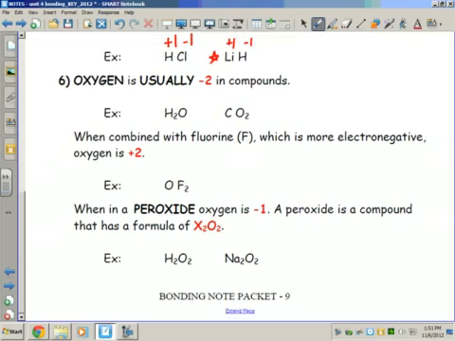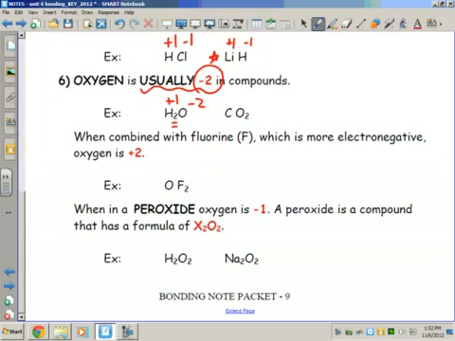The sixth rule has to do with oxygen, and oxygen is usually -2, and when we say usually, again, this is an almost always. The rule for oxygen is -2, and there are two exceptions. So if we look at this and we say, okay, we've got water, oxygen's rule is -2, there's one of them, there's two hydrogens. In order to add up to 0, they must each be +1.